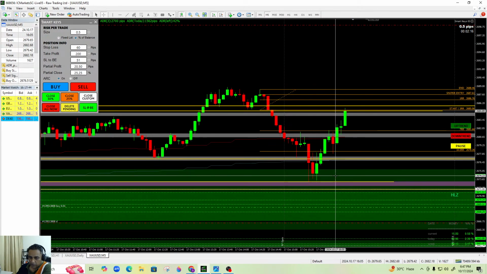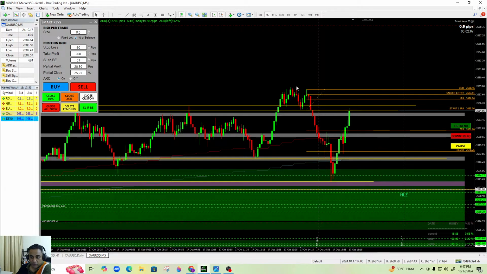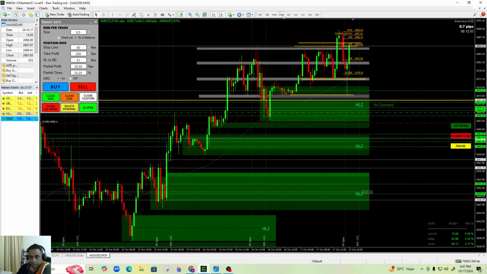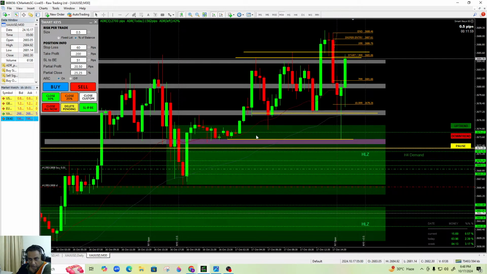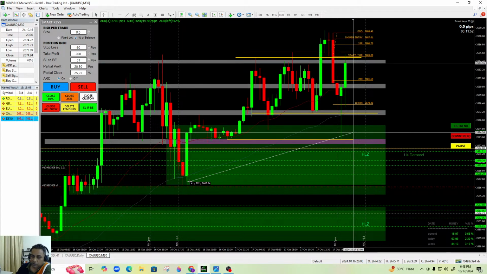But if I had my entry there, my stop loss is going to be under this light yellow, green area. So that's about 73, 74 pips. That's too much of a zone for me, because this was the candle. If I had my entry there, my stop would have been under this candle. That's a 70 pip zone. I don't take trades with a 70 pip stop loss. So I don't do that.